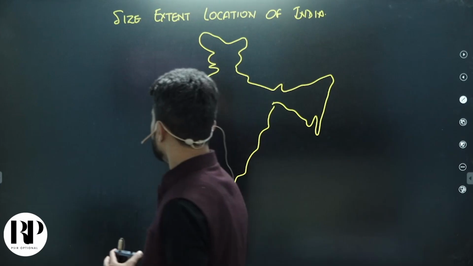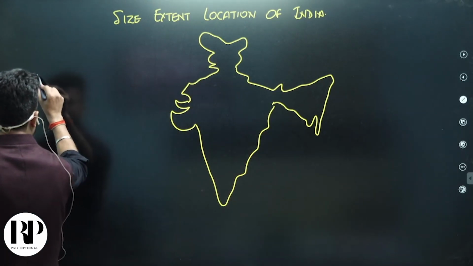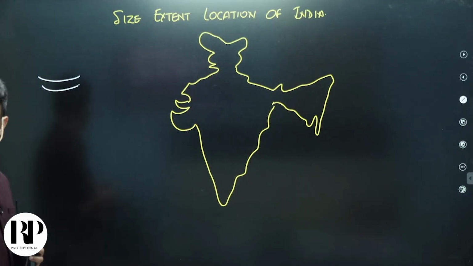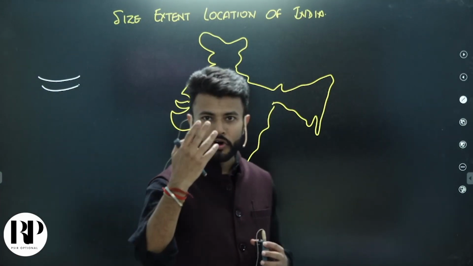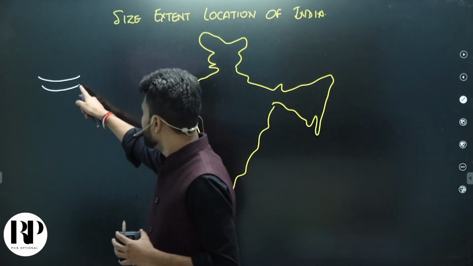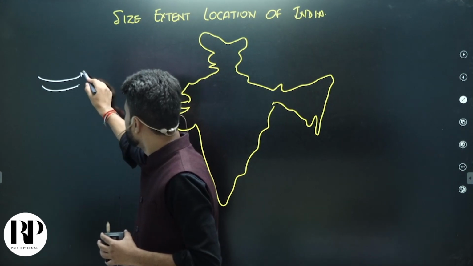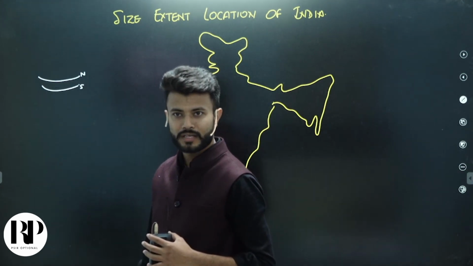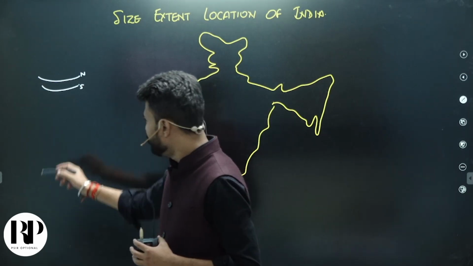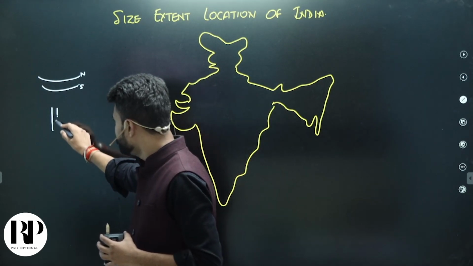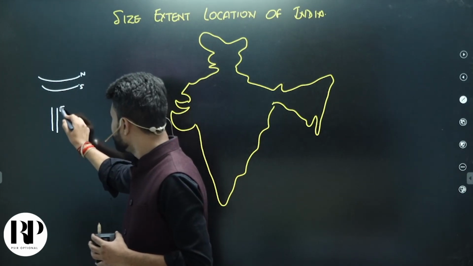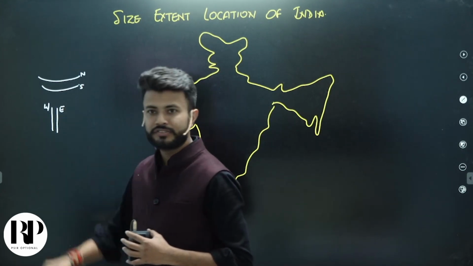Latitude. See, we know that latitudes are the horizontal lines, right? So this is telling you that this line is towards the north and this line is towards the south. If longitudes are the vertical lines, these lines are telling you that this line is towards east and this line is towards west.